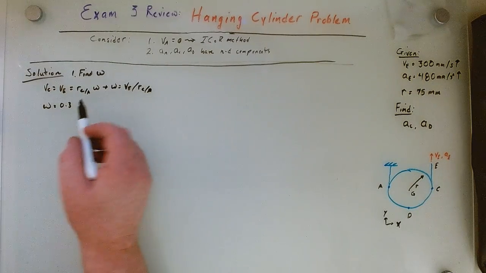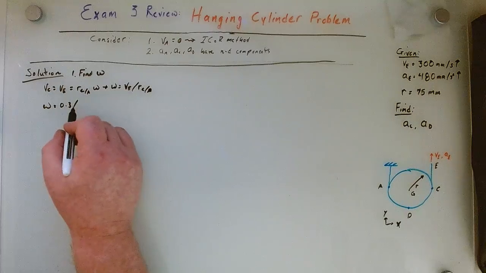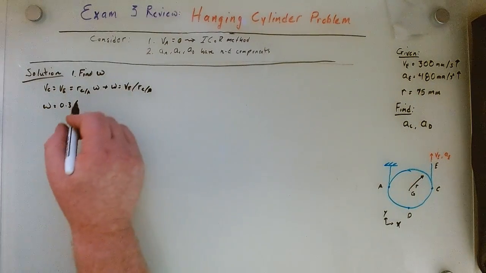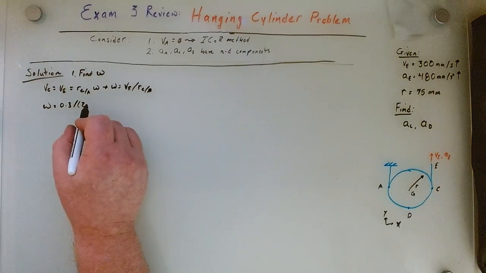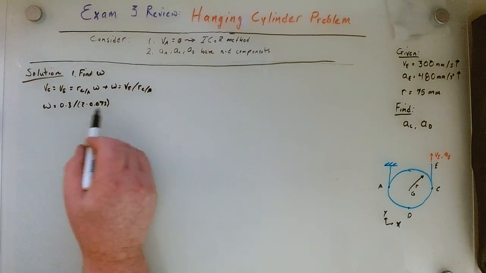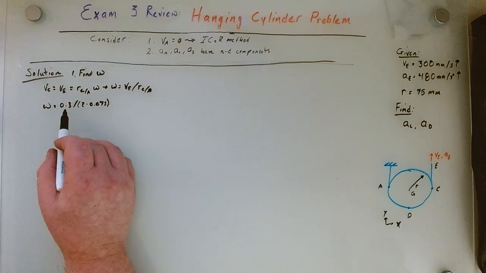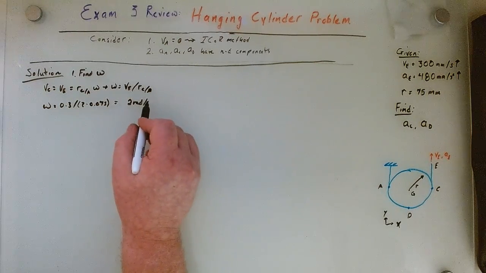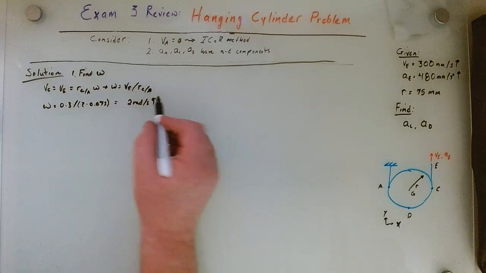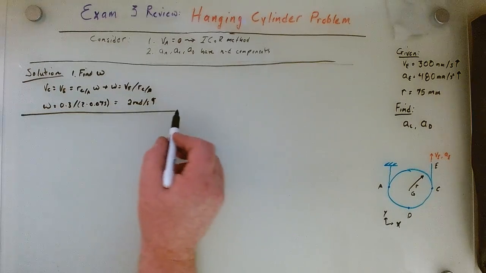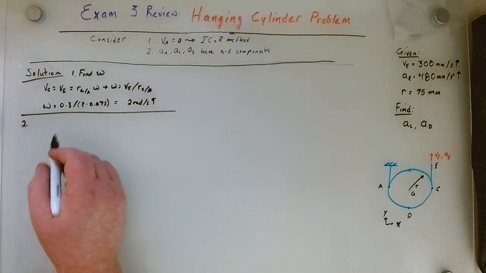So omega equals 0.3 divided by twice the radius, right? So 2 times 0.075, and that is 0.15. 0.3 over 0.15 is 2, so omega equals 2 radians per second in the anti-clockwise direction. Sweet. Okay, all right.